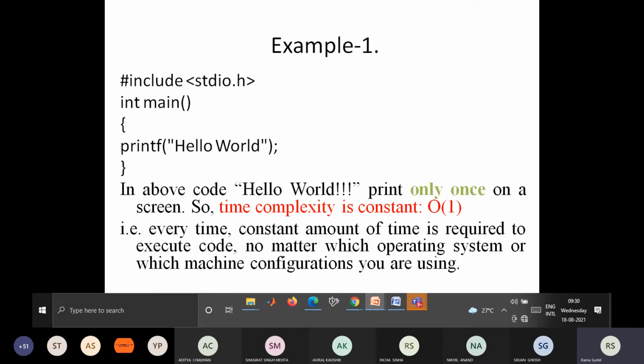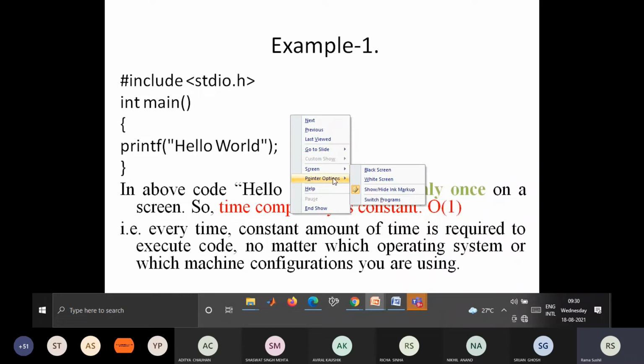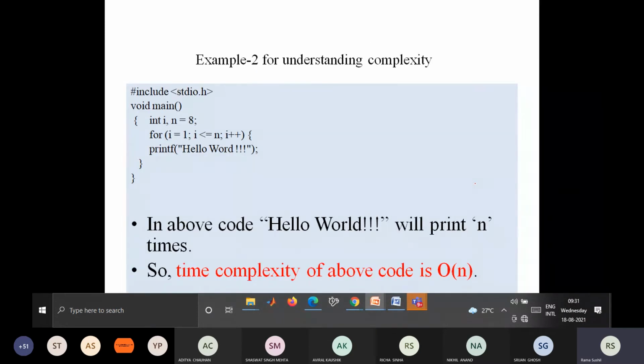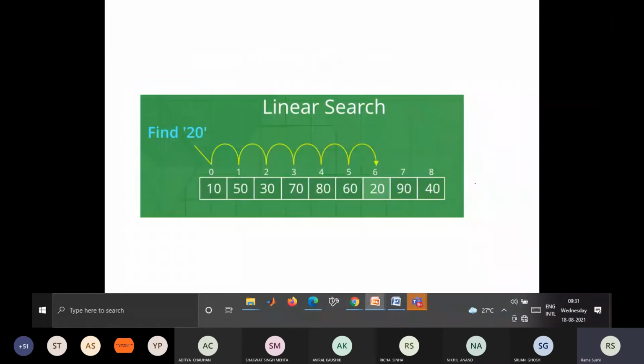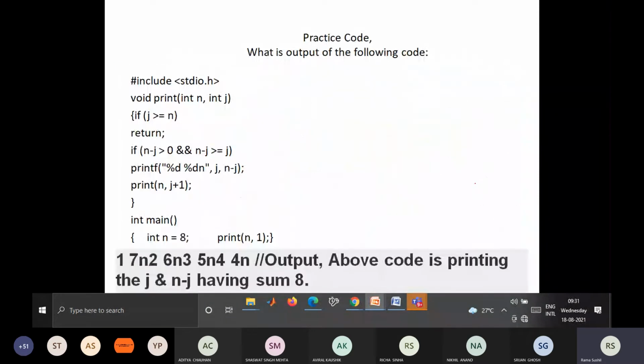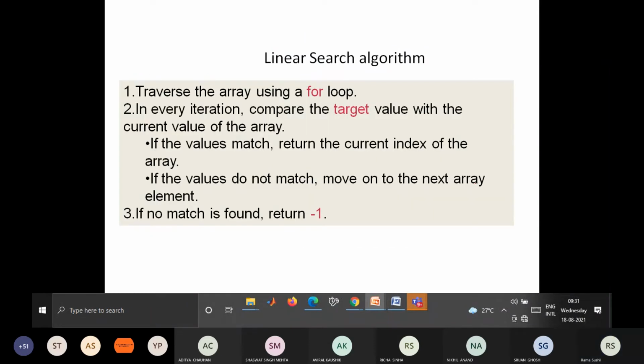For more explanation, if you have this simple code with only one statement, the complexity is of order 1. Some other easy examples for you: linear search, which we have discussed, and the binary search method. All this I will provide for you to work out and then come back with your queries.